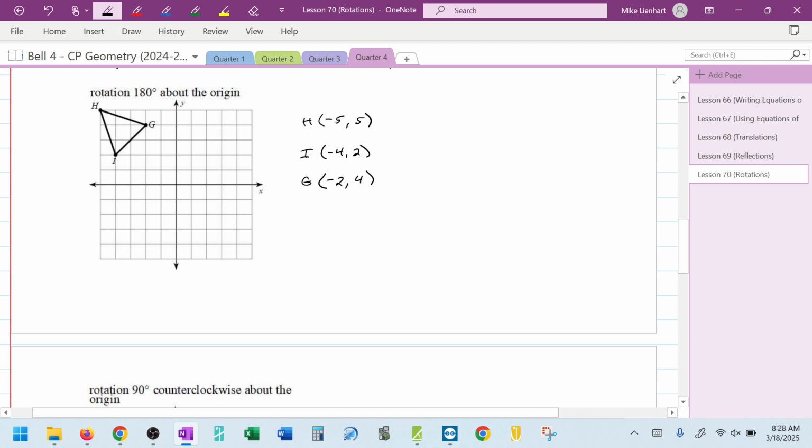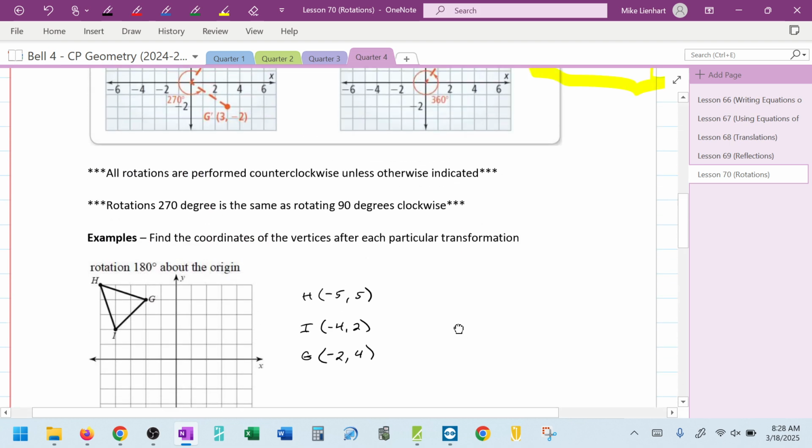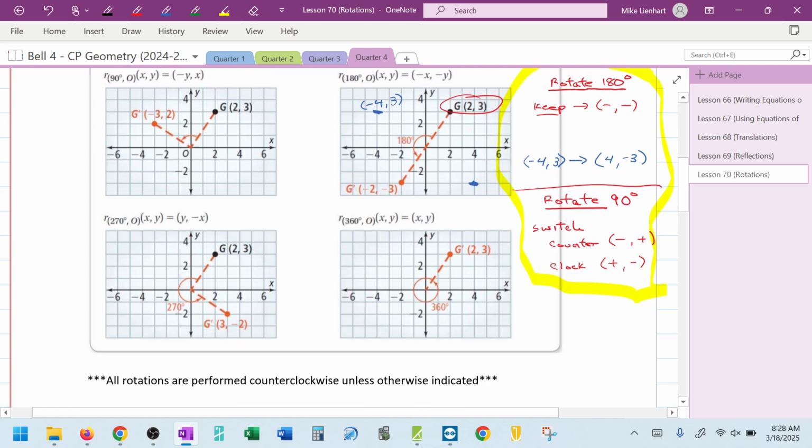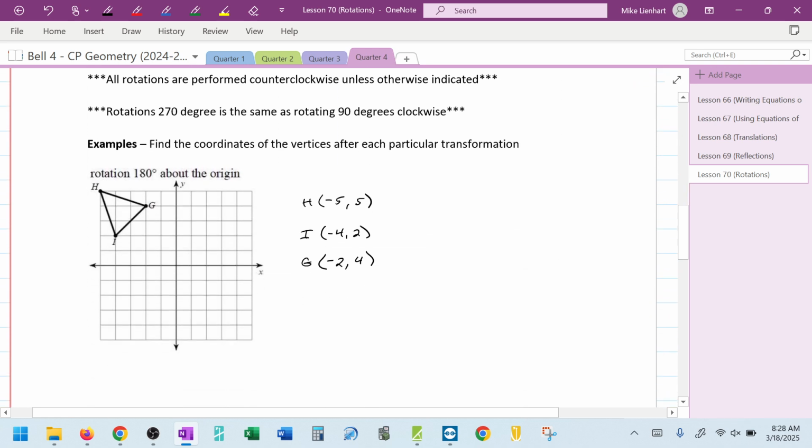When they say rotate 180, I want to think back to my little chart. Rotate 180 means keep, and then opposite, opposite. H becomes H prime. I'm going to keep the order of the numbers, but then write the opposite of the numbers inside.